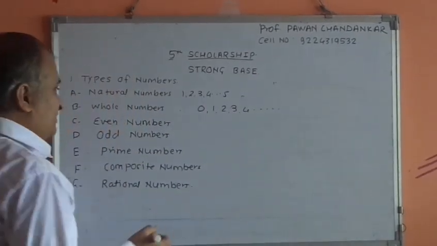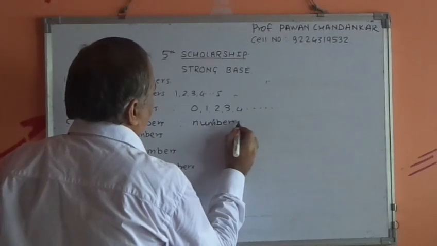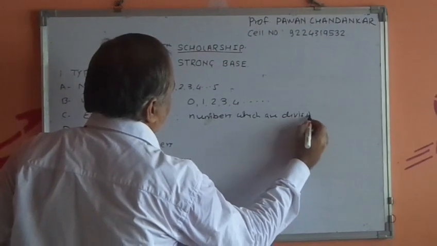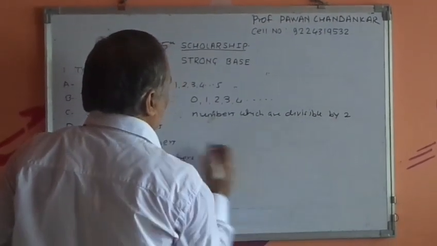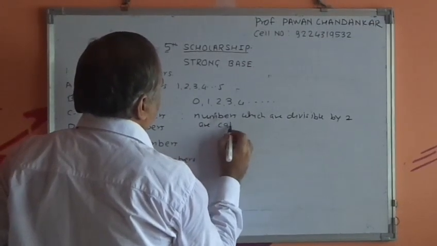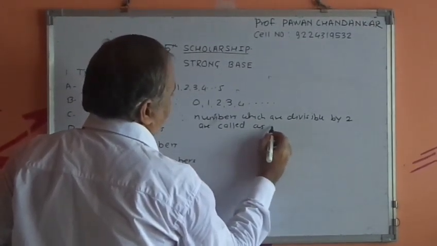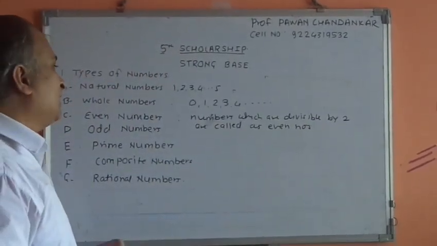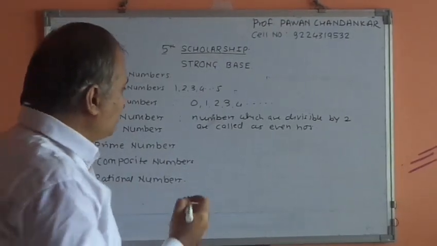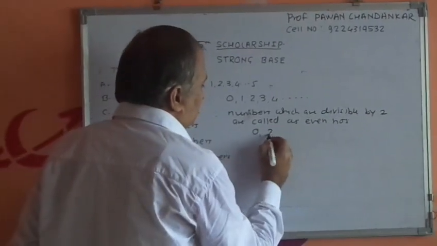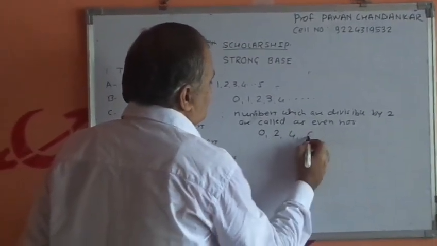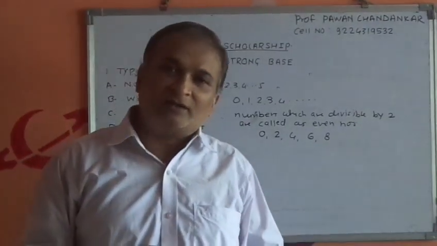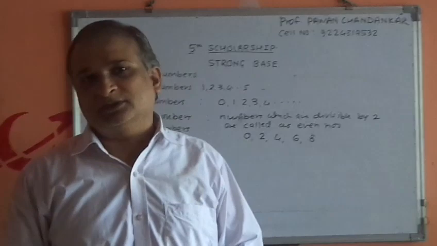So students, what is the definition of even number? Numbers which are divisible by 2 are called even numbers, or any number which bears either 0, 2, 4, 6, 8 at its unit place, that particular number will be categorized as even number.